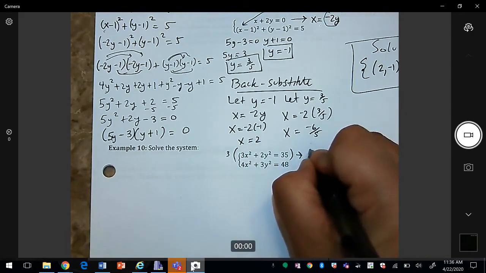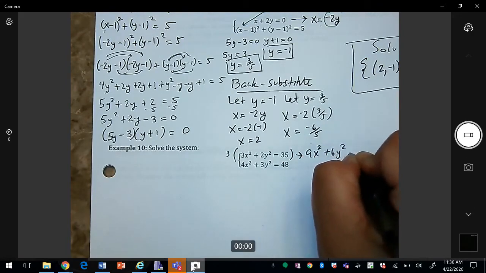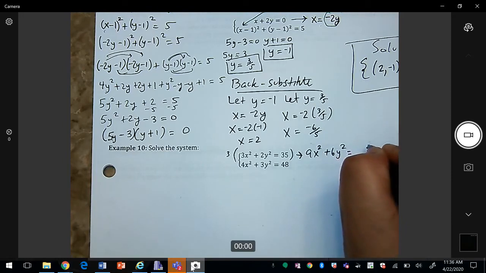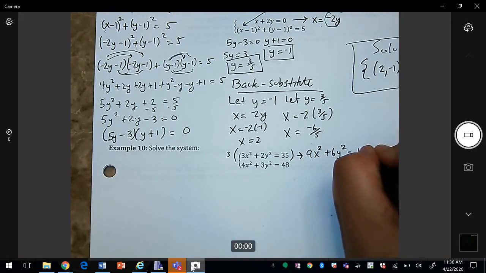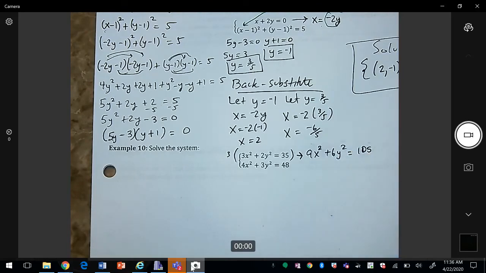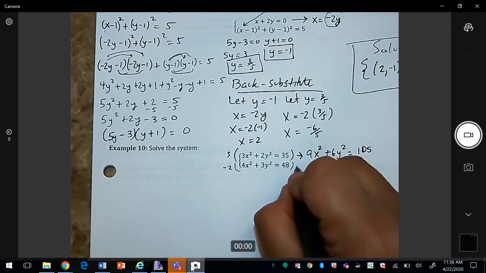So that's going to give me 9x squared plus 6y squared is equal to 35 times 3, which would be 105. Okay. And then the second one, I'm going to multiply by negative 2.